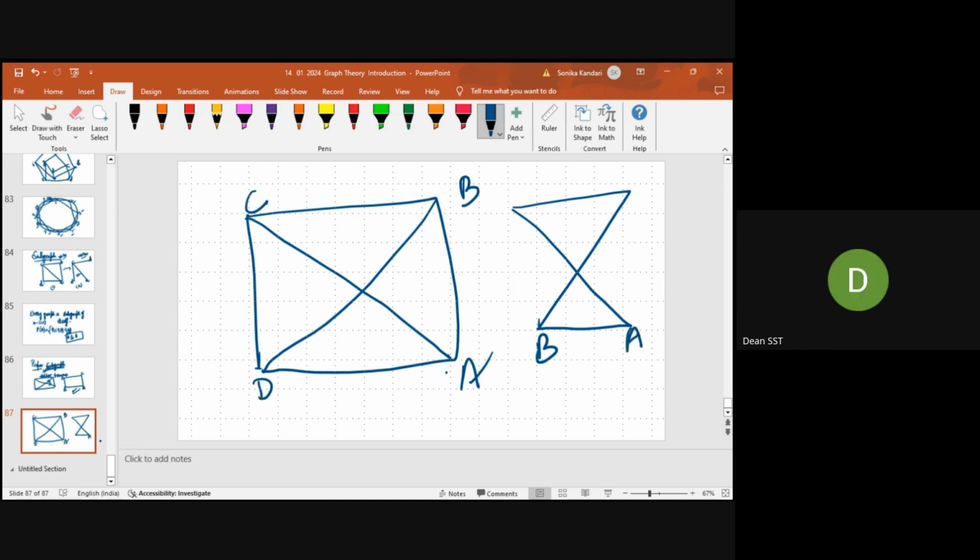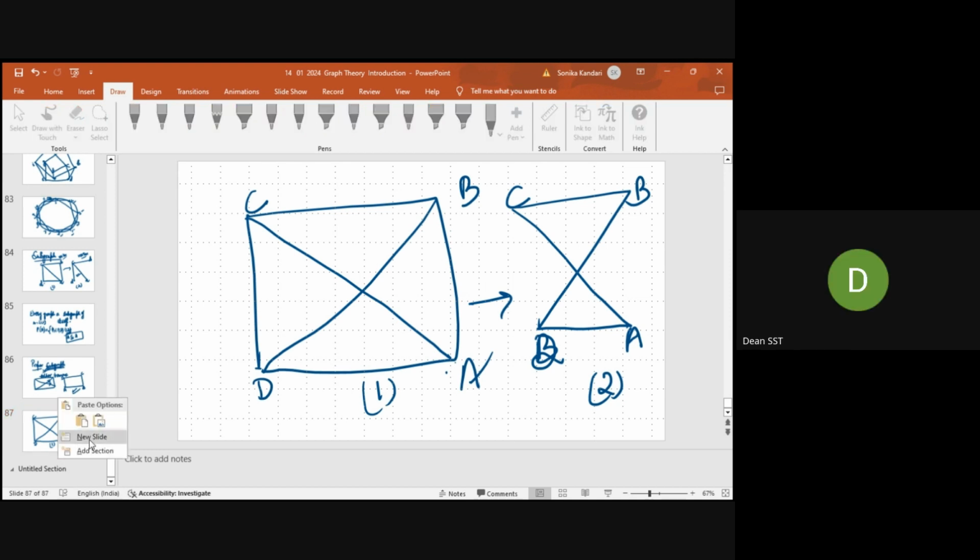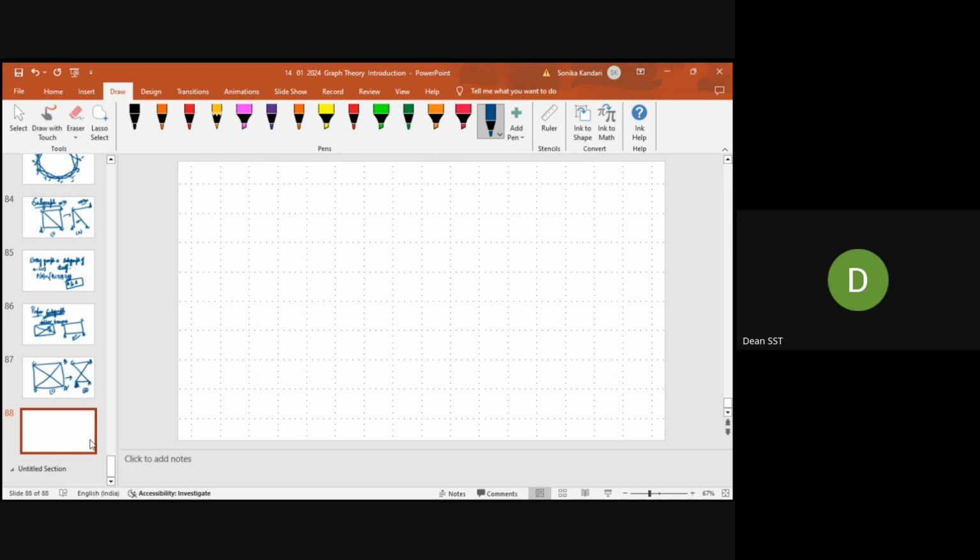A, B, sorry, A, D, B, C. Fine. Is it clear? So graph 2 is a subgraph of graph 1. Is it clear? This is again a subgraph.